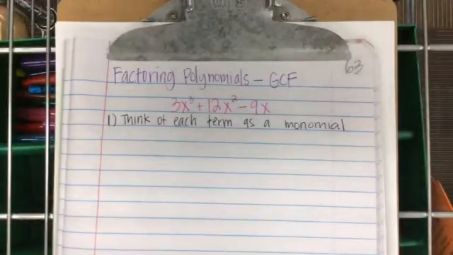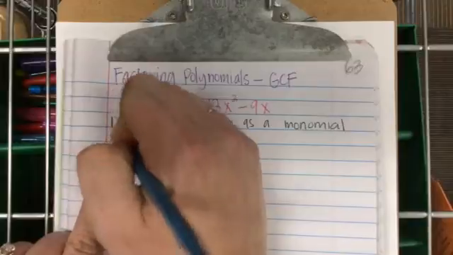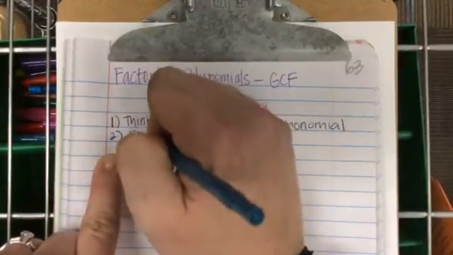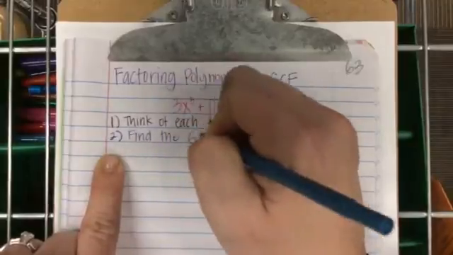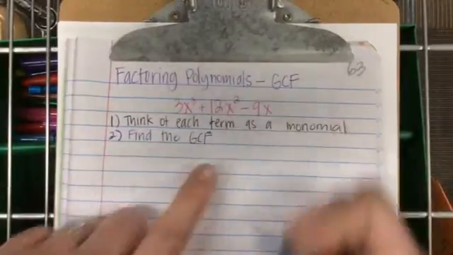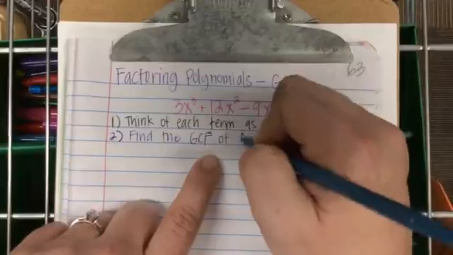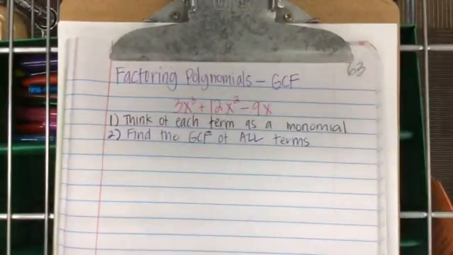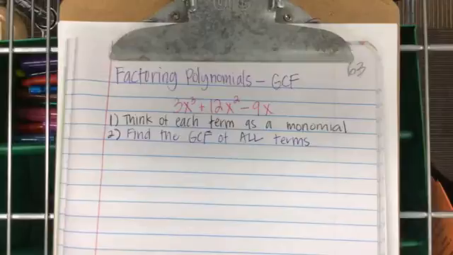We look at them independently. So then we find the GCF of all terms. So in this problem, we'd find the GCF of all three terms. If it was a binomial, we'd find the GCF of both terms.